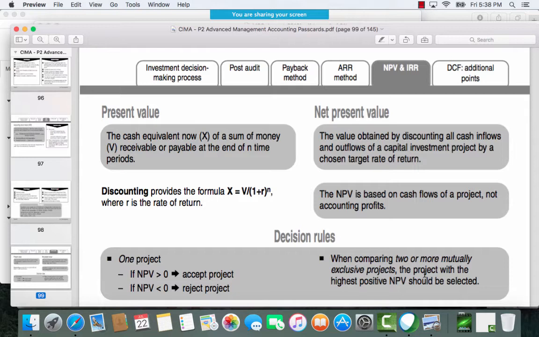Then you need to carry out your application of this theory. The great thing here is you have the discounting factors, and you can apply them.